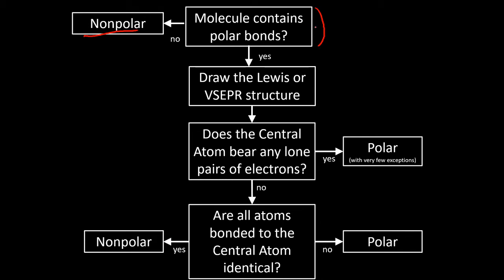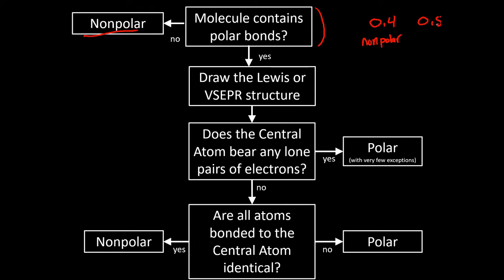Just to remind you, a polar bond is any bond where two atoms are bonded together and the difference in their electronegativities is greater than 0.4. So if it's 0.4 and below, that is a non-polar bond, or what some people call a pure covalent bond.